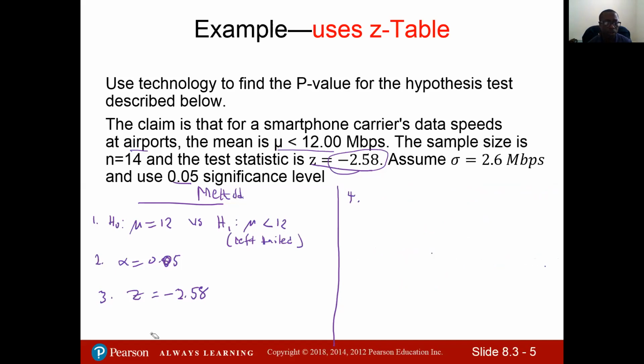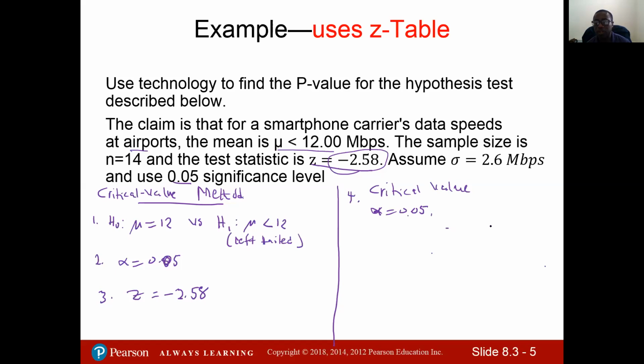Let's pick our pen. We need to use the critical value approach, so we need to find the critical value. Our alpha is 0.05.